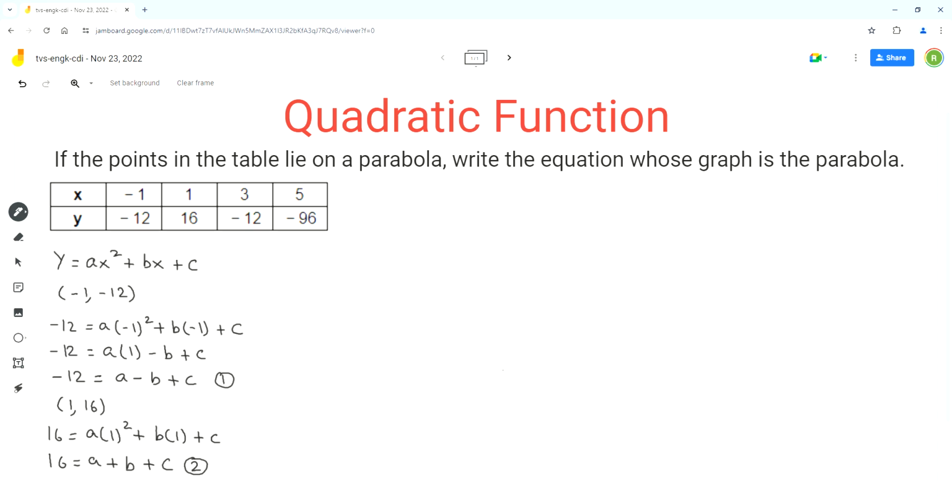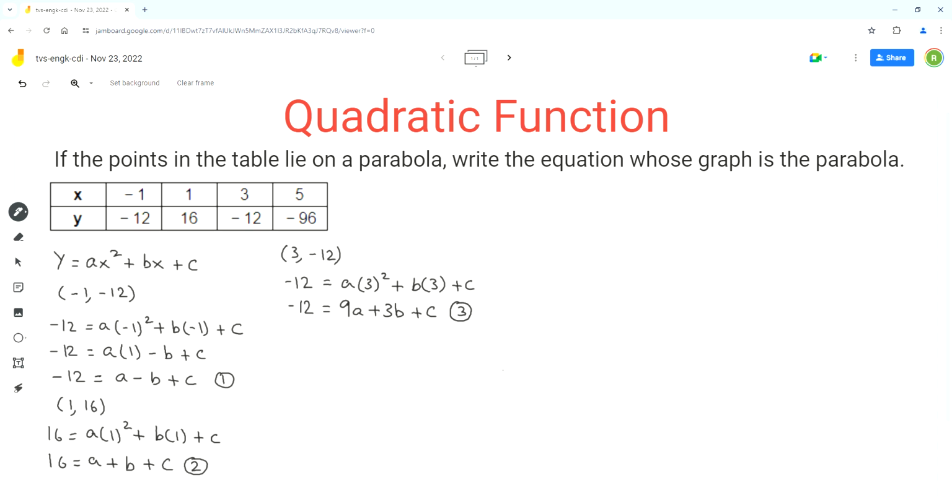Now we can use the third point, 3, -12. So we can sub in x as 3 and y as -12. So this is the third equation for a, b, and c.